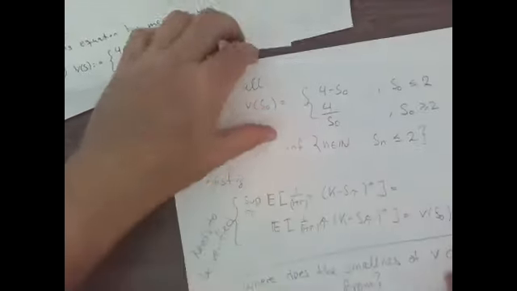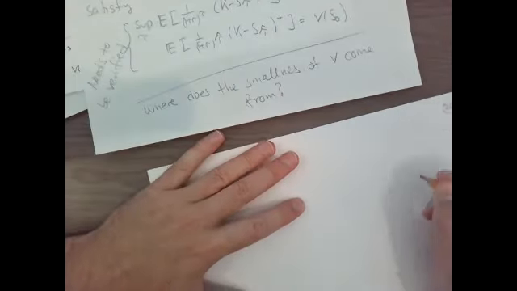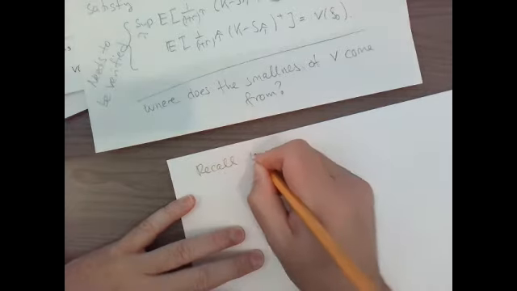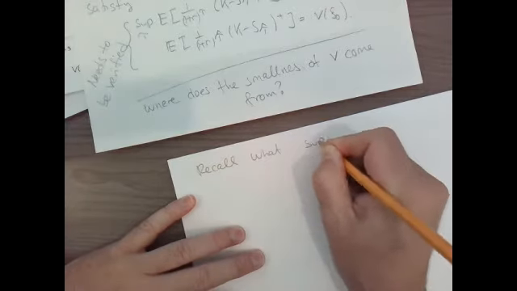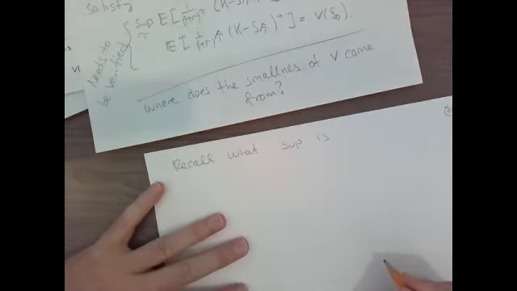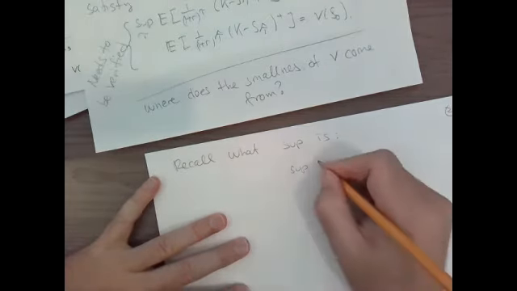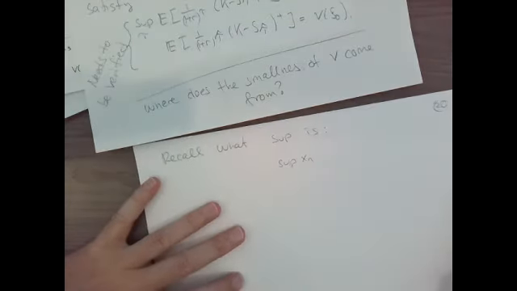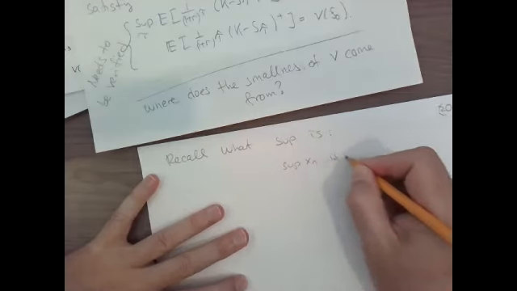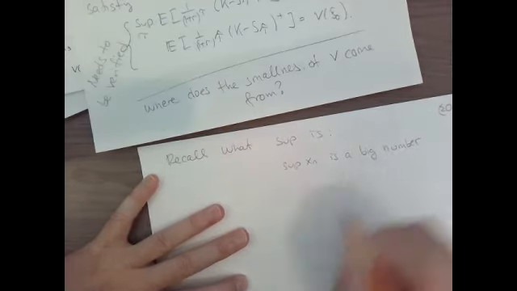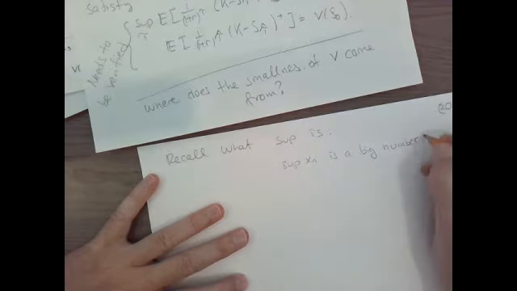Ultimately, the place that it comes from is the definition of the supremum. So recall what the supremum is. If I take the supremum over xn, this is a big number. What does that mean?